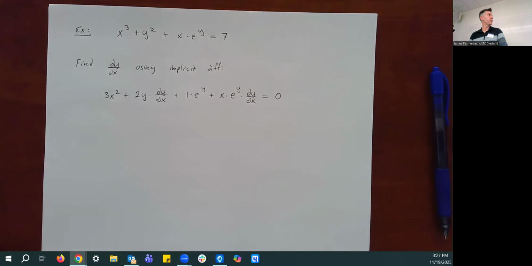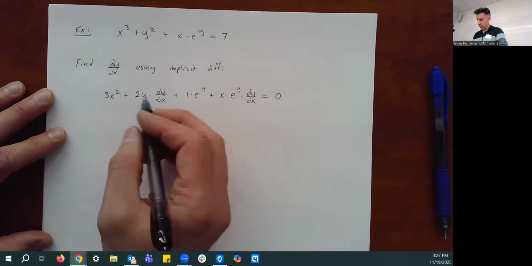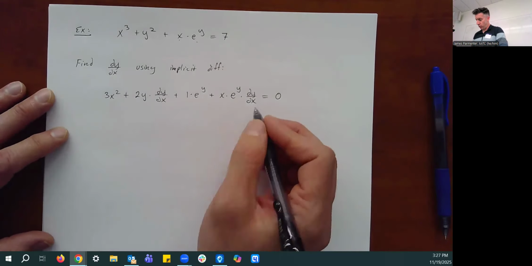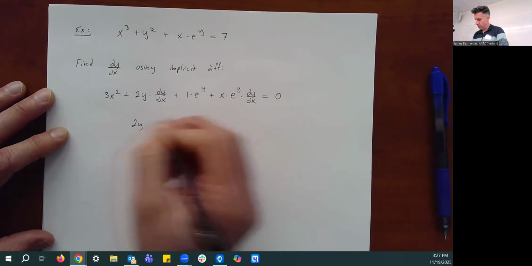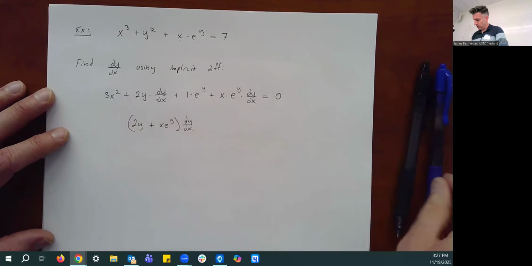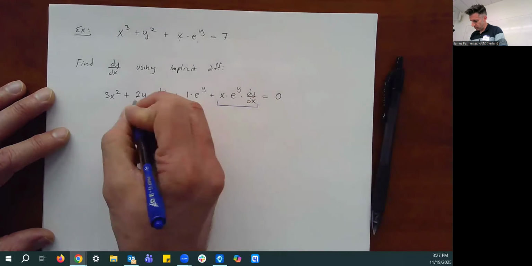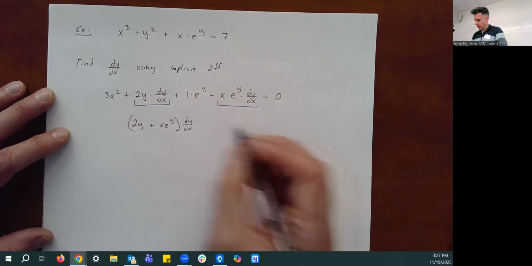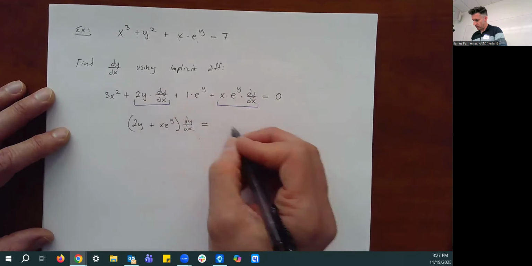And then, as usual, we would group all the dy dx's on one side, everything else on the other side, factor and divide. So grouping all my dy dx's on one side, and I'm going to factor while I group, I'm going to have 2y plus x e to the y, all of that times dy dx. So I'm looking at this term here and this term here. And then on the other side, I'm going to put the negative 3x squared.